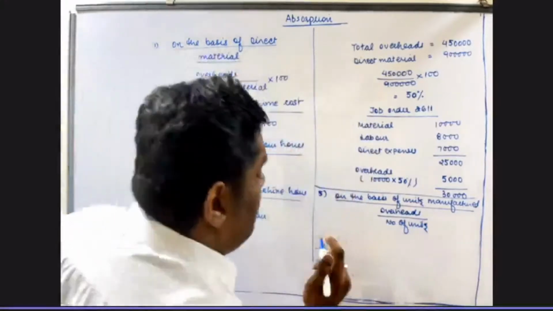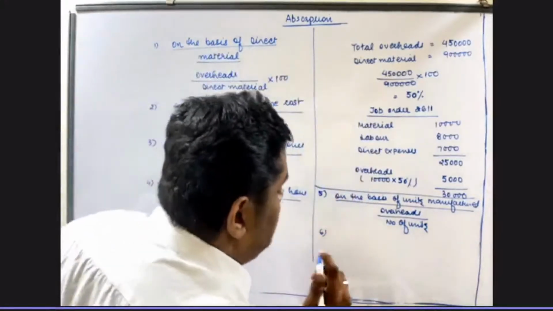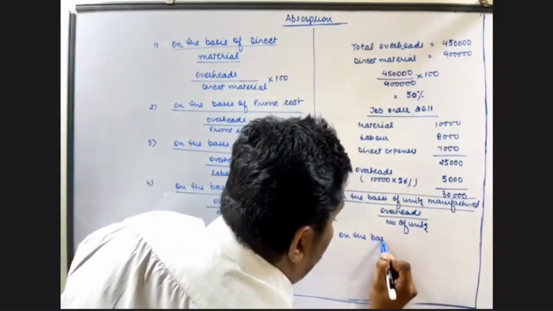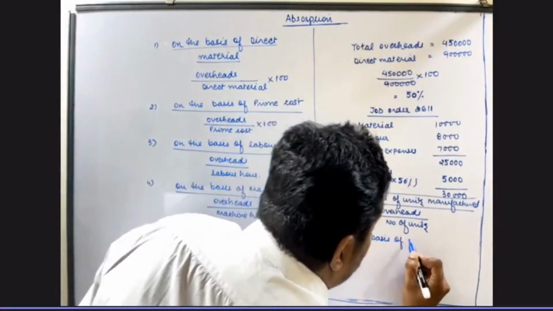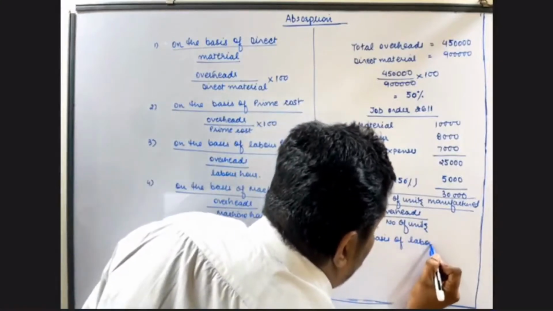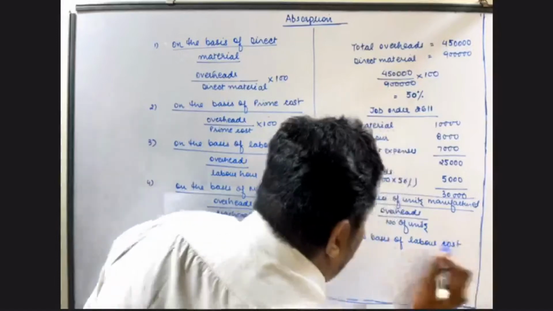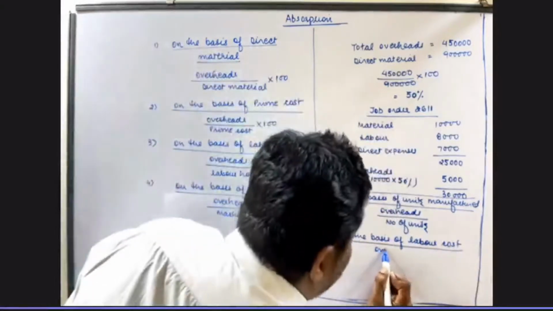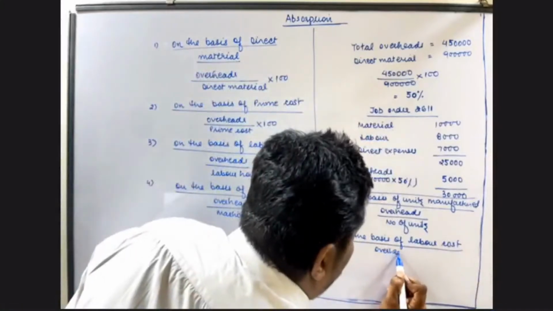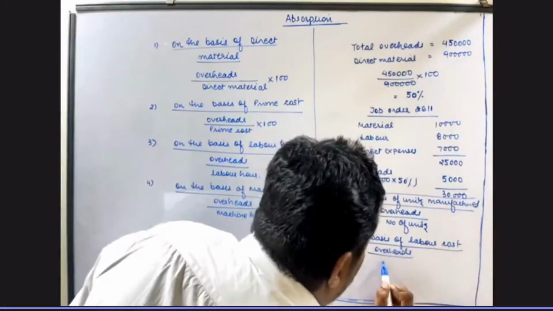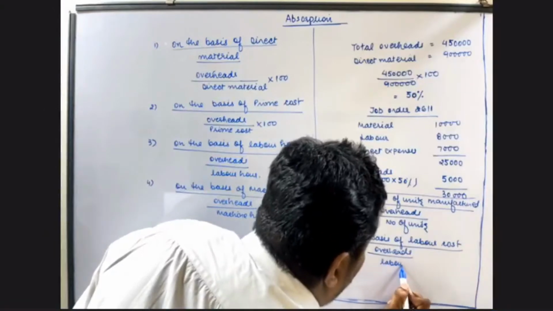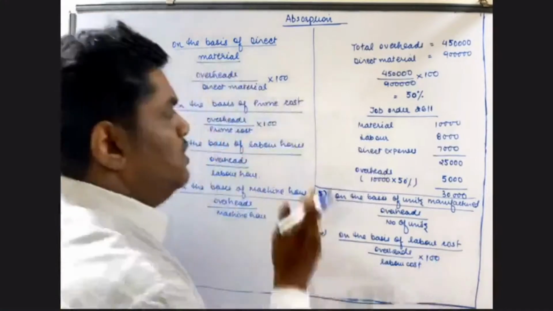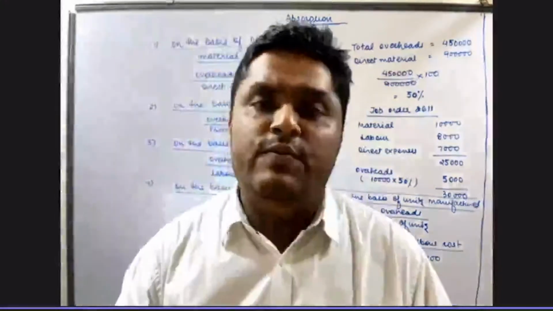Further, one more basis that is not used much is on the basis of labor cost; this is hardly used. So it can be absorbed on the basis of labor cost also, that is, overheads divided by labor cost into 100. So these are the various bases of absorption of overhead.